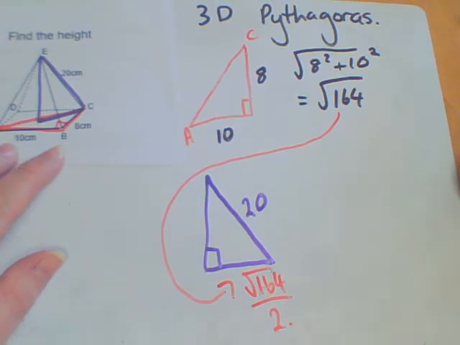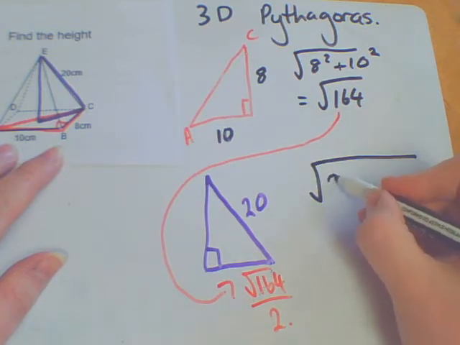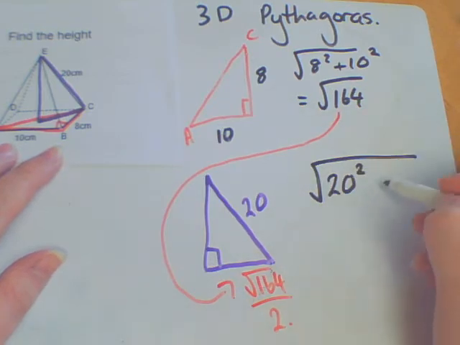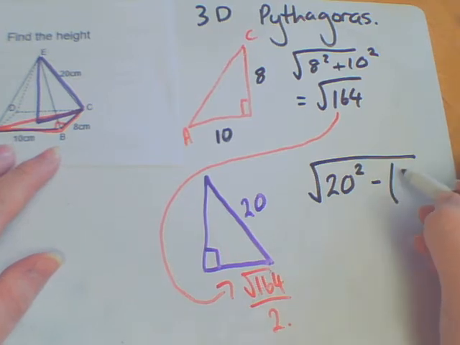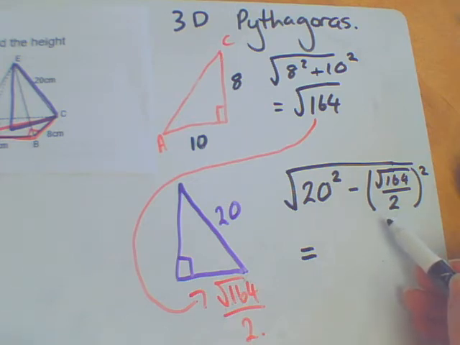Now I've done this, I can do the proper Pythagoras. So I can do the square root of 20 squared minus the square root of 164 divided by 2 squared. You can type that in exactly as it is on the calculator, or you could work out this section and take it off of here.